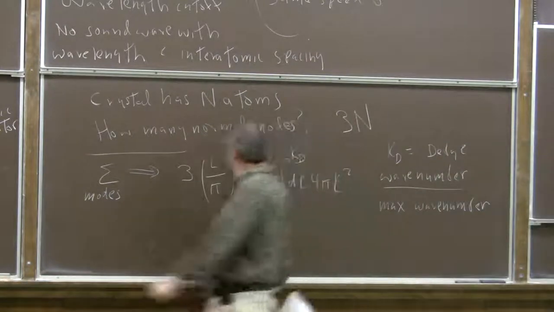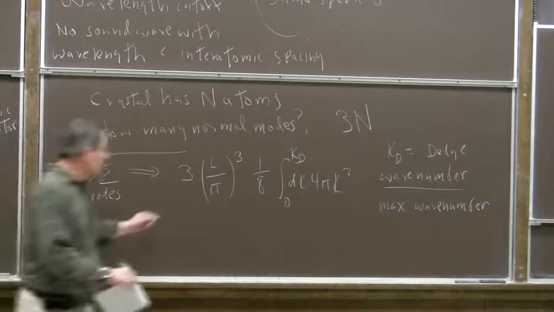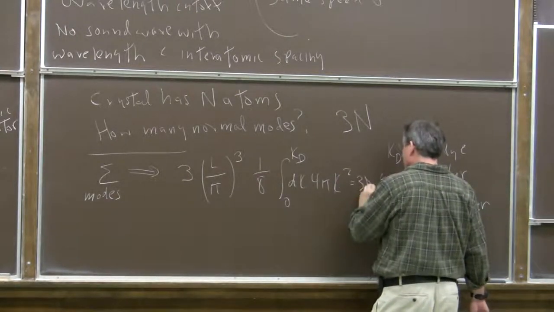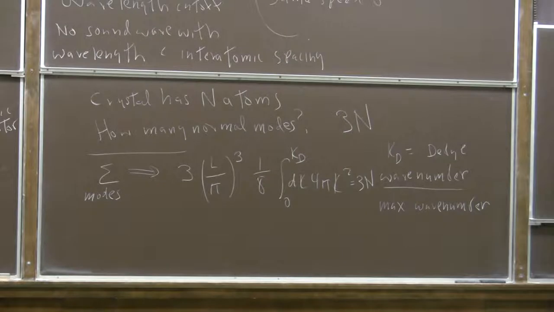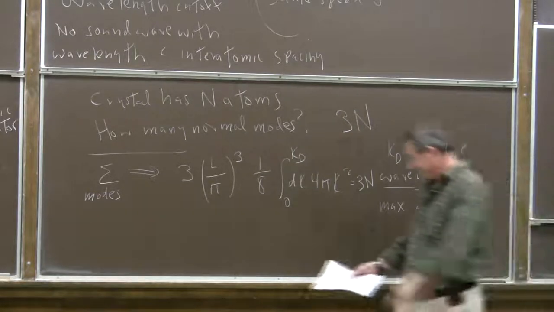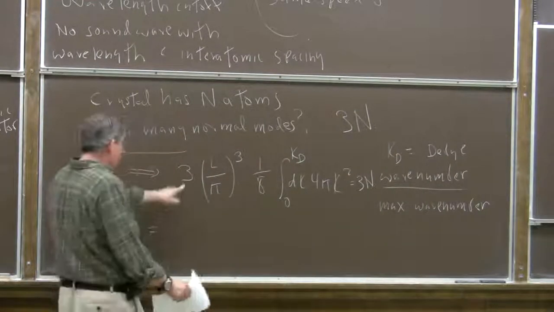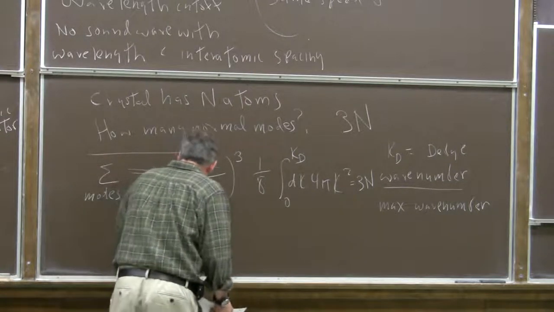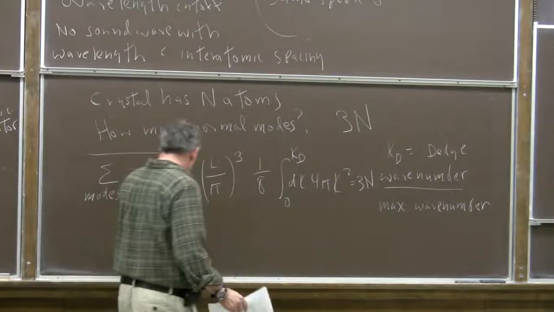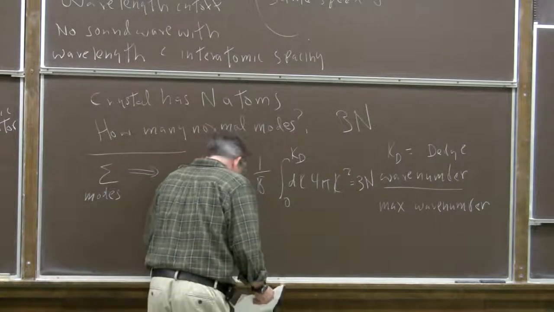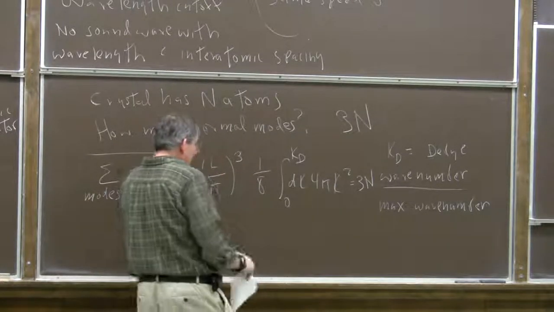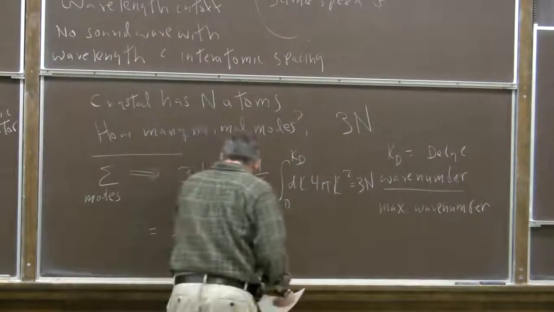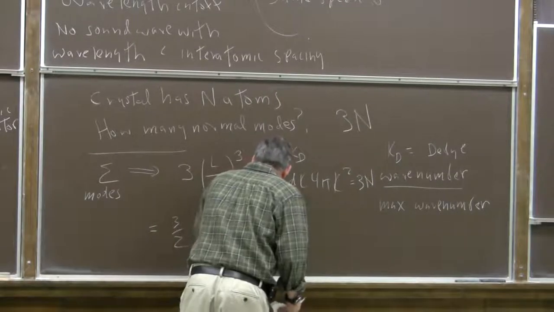So I'm going to figure out what the k Debye is by saying this is the total number of modes, and therefore it's equal to 3n. Okay? So I have what we had for photons, except times a factor of 3/2, because now there are 3 polarizations instead of 2, L cubed over pi squared, and then I integrate dk k squared from 0 to k Debye, which gives me 1/3 k Debye cubed.